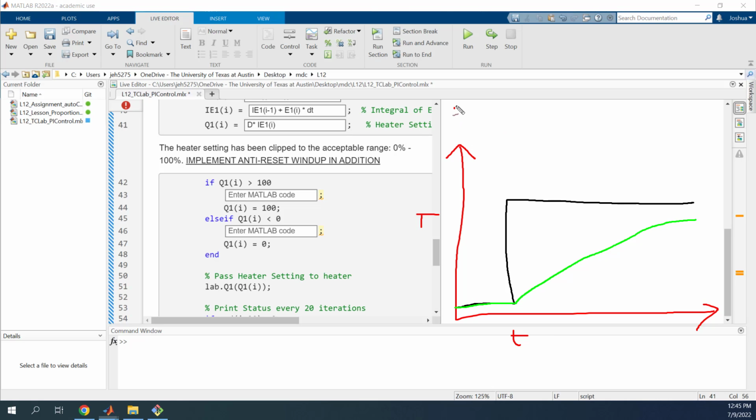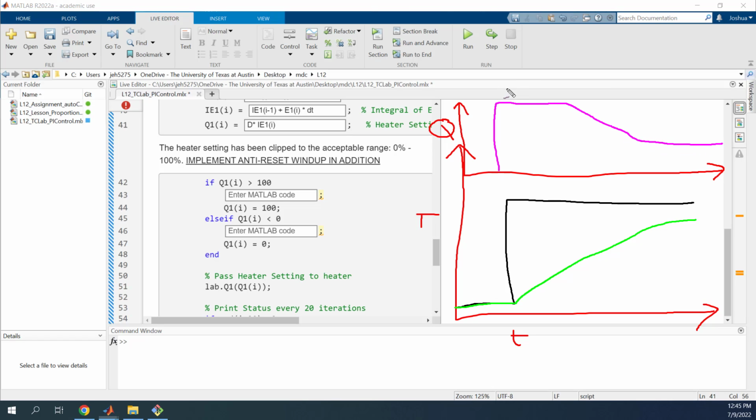Hopefully they make sense once, and then from there, everything else makes sense. This is the heater setting up here, Q. One final color, magenta, I guess. So the heater's going to be off, and let's say it jumps to 100% right here, and then it slowly tapers off.